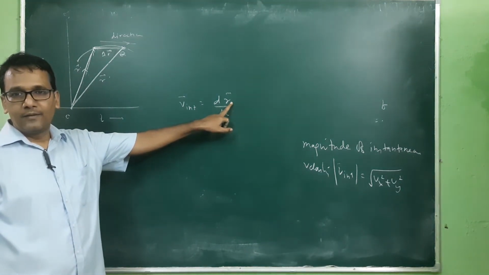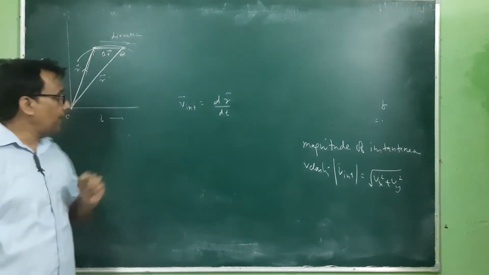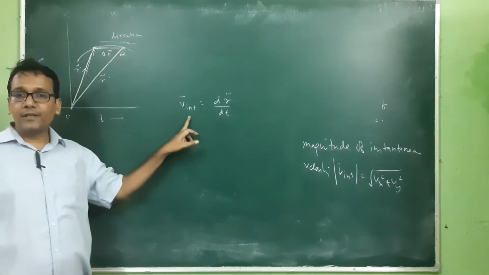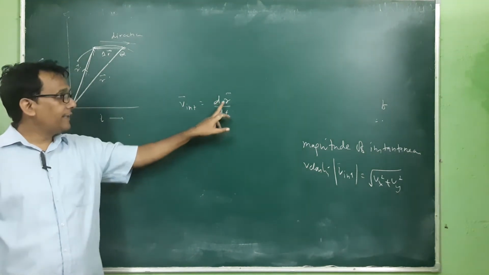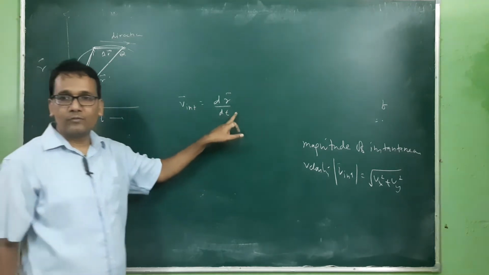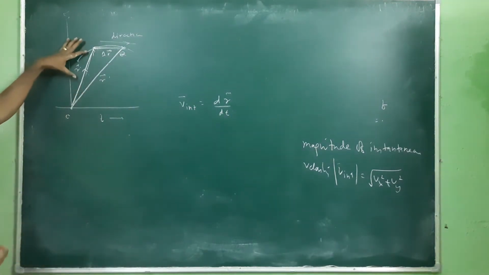In the average velocity, we have two vectors: one is r and the second one is r prime. But in the case of instantaneous velocity, it is dr by dt, where we have confined ourselves to this first vector r only.